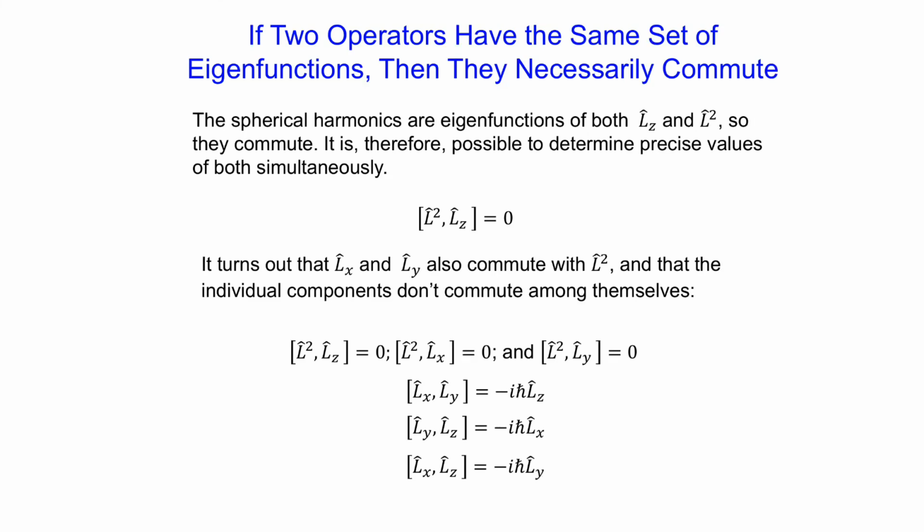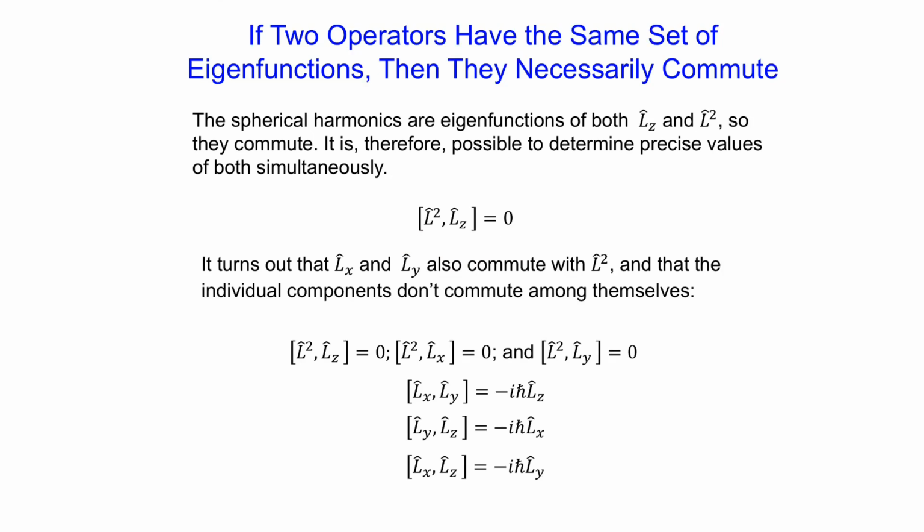One of the neat things about L squared, our total angular momentum squared operator, and Lz, the z component of our angular momentum operator, is that they share a set of eigenfunctions. We just saw that the spherical harmonics are eigenfunctions of both L squared and Lz. If two operators share the same set of eigenfunctions, then they necessarily commute. So we can write this relationship, which should look familiar.